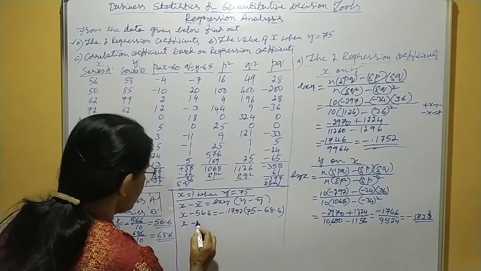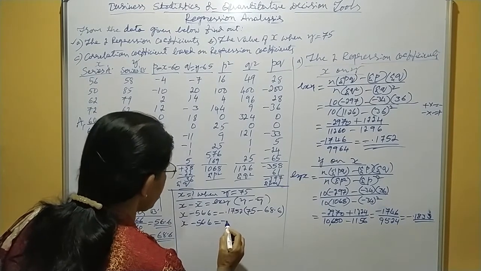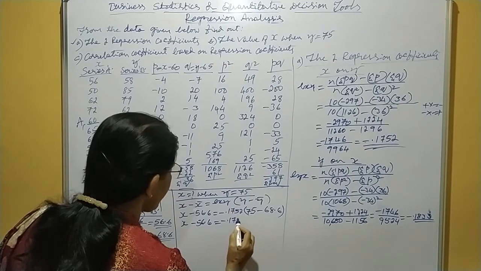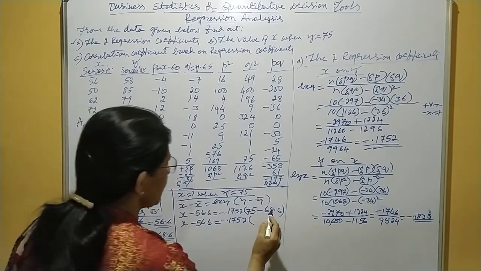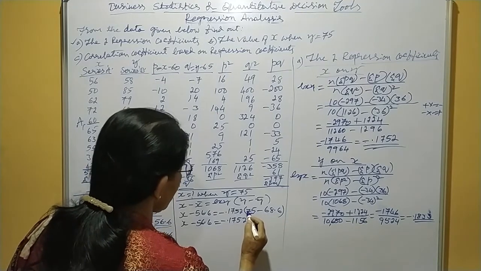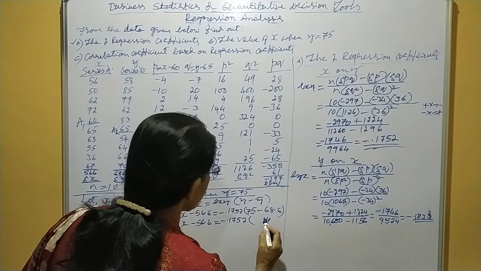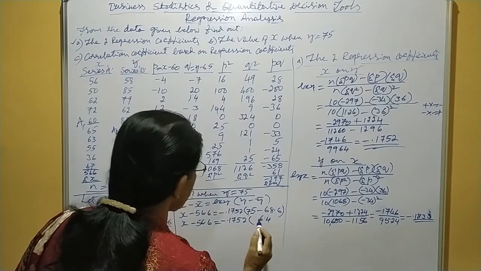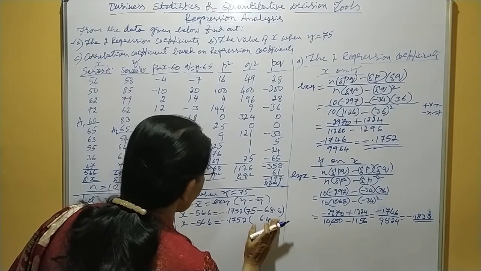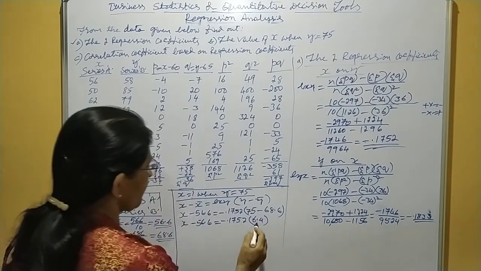X minus 56.6 equals minus 0.1752 into 75 minus 68.6. Here the highest value sign is plus. It is 6.4.